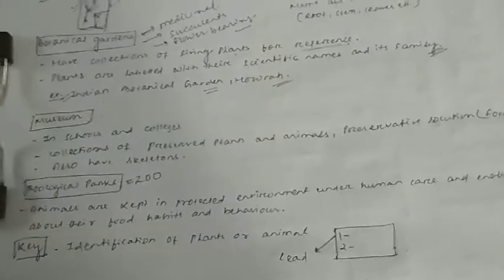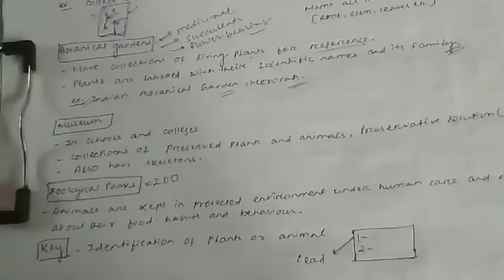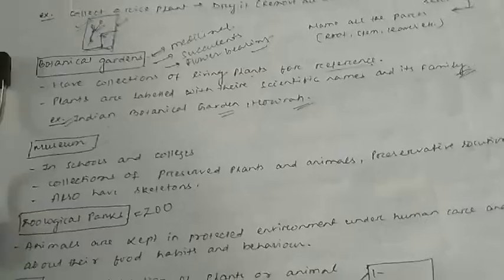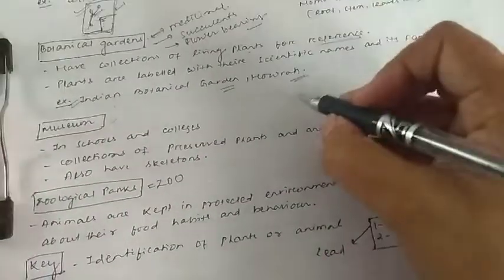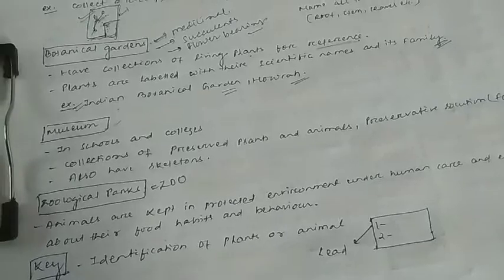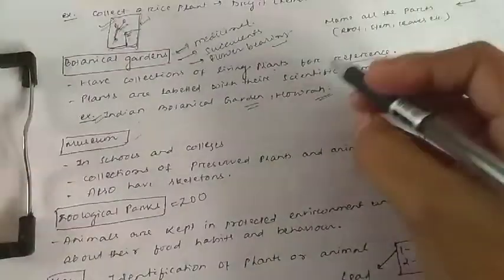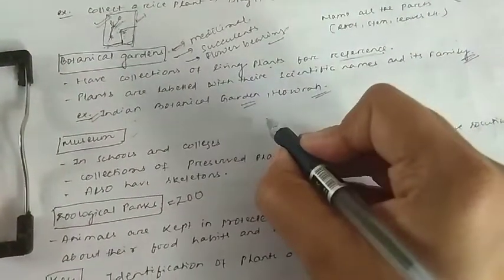Okay, next one is the museum. Museums are kept in schools and colleges, and they have a collection of preserved plants and animals. You must have visited your biology laboratory, where there can be many fishes, many crabs.